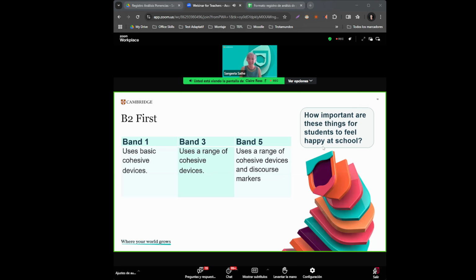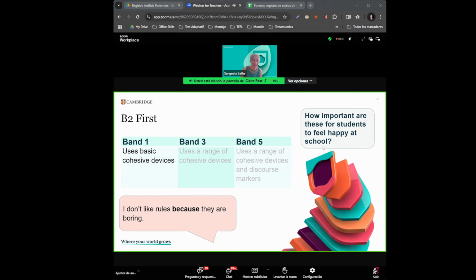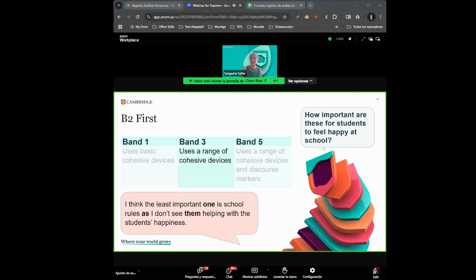All right. Thank you, everyone, for your ideas. Let's talk about the differences. So at band 1, we saw an example of a basic cohesive device, because. At band 3, we see a range of devices. So we have as, the connector as, but we also have grammatical language, pronouns, helping to create connections and connect what we're saying.